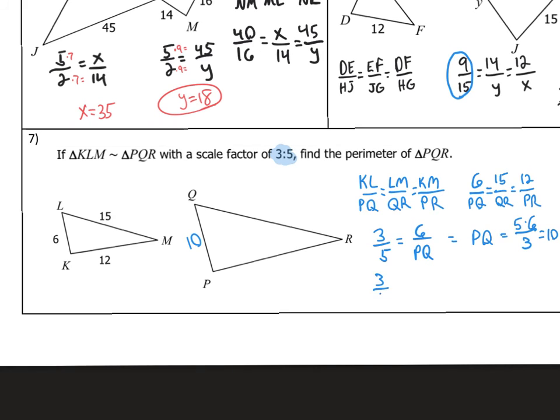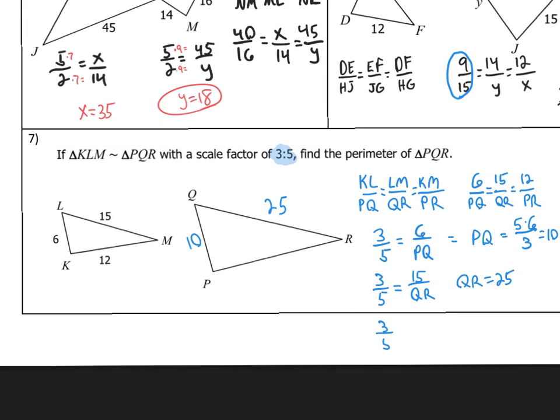Then 3/5 equals 15 over QR. And I notice in this one 3 times 5 is 15. 5 times 5 would be 25. So QR equals 25.